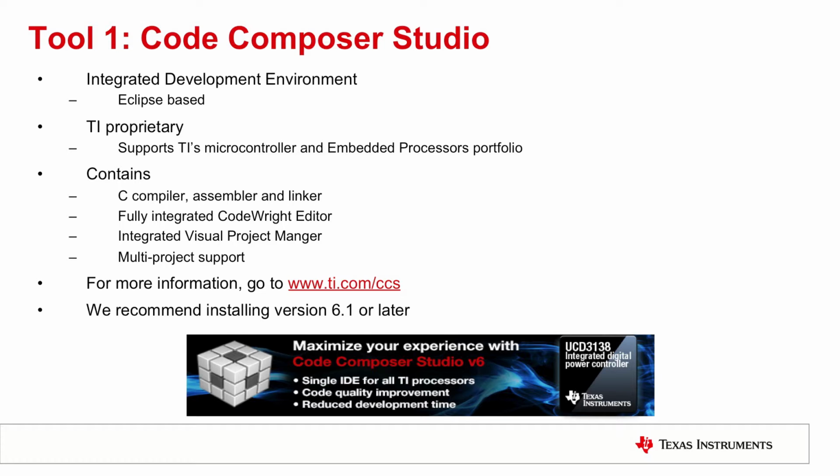We will discuss installation of Code Composer Studio shortly, and will show you how to get started using the tool. For more information, please navigate to www.ti.com/CCS. We strongly recommend installing CCS version 6.1 or later for the most up-to-date support and features.